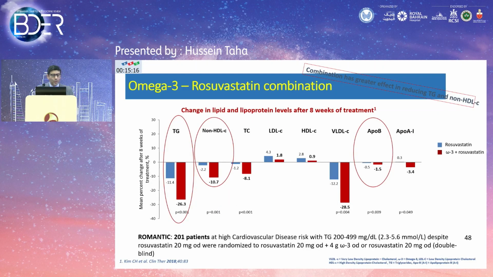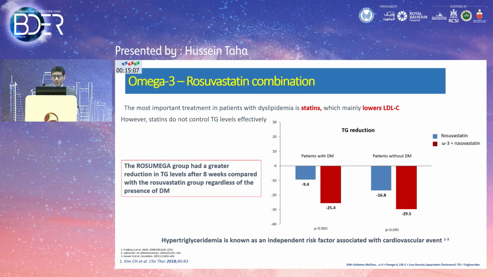Even when adding to rosuvastatin, there was significant reduction of all the atherogenic types: triglyceride, non-HDL, and LDL. Patients with diabetes or without diabetes who are having raised triglyceride significantly benefited from lowering triglyceride by adding omega-3 of up to 4 grams per day, and it was very safe.